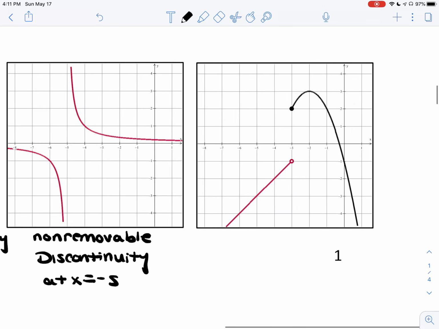And lastly here, our function looks linear, we've got a hole, and then it jumps to this more quadratic type function. Because we have this gap right here, this is a non-removable discontinuity.